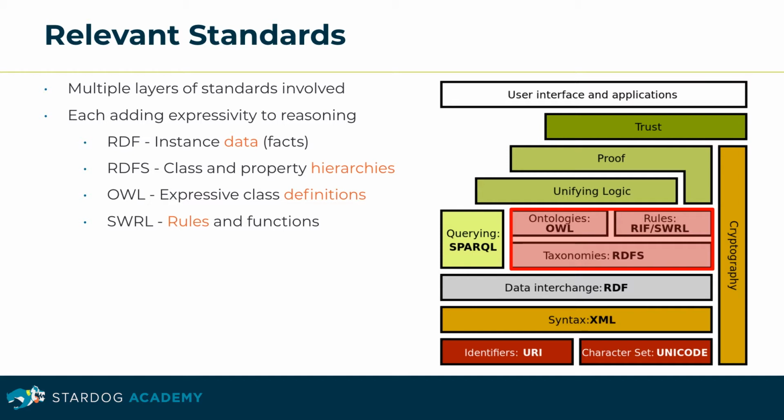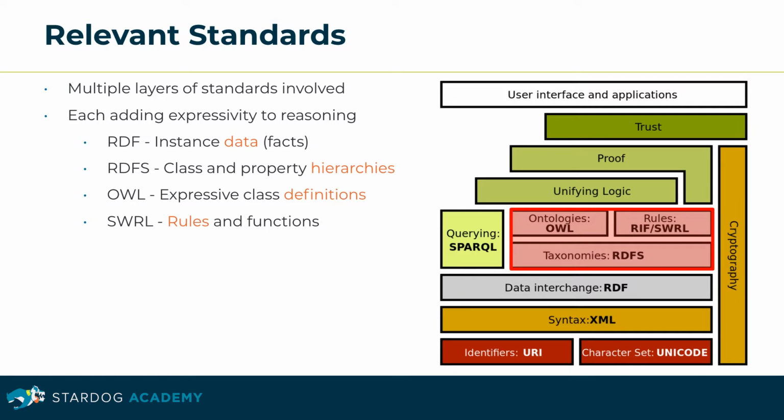The RDF schema language defines a vocabulary to construct simple RDF models as hierarchies of classes and properties. The web ontology language OWL allows, among others, to express the meaning of classes via structural expressions.